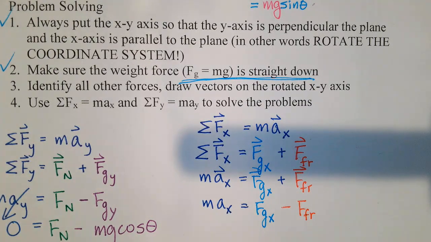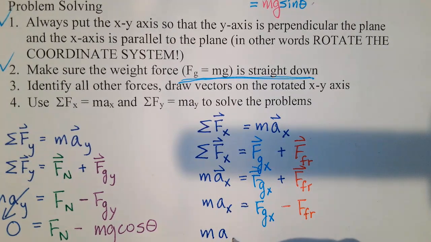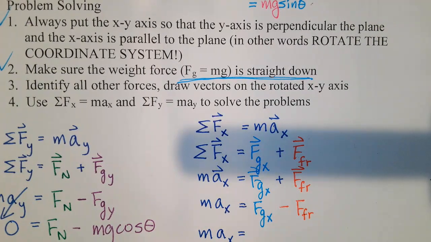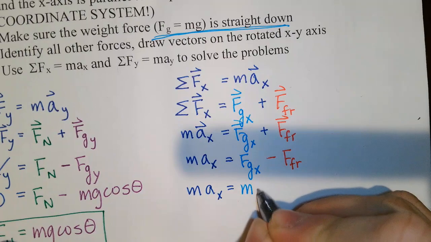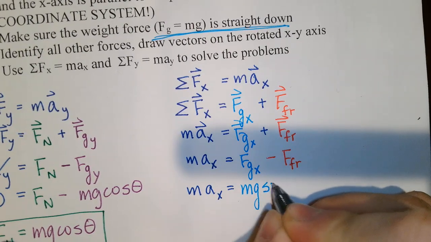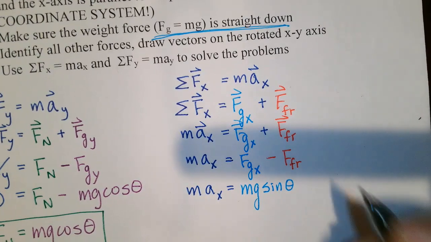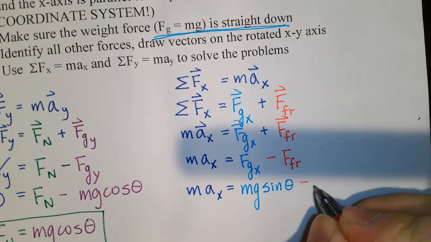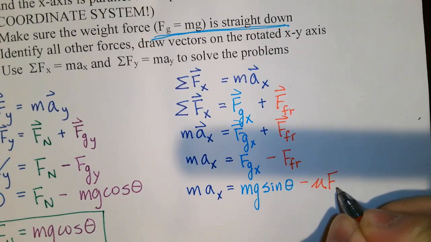So my MAX is equal to my FGX, which is mg sine theta, and my friction is minus mu times F normal.